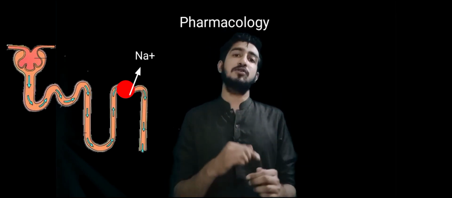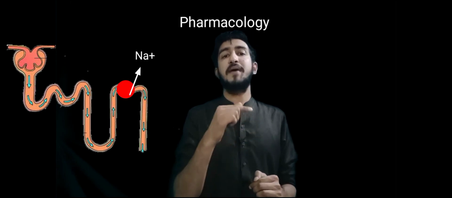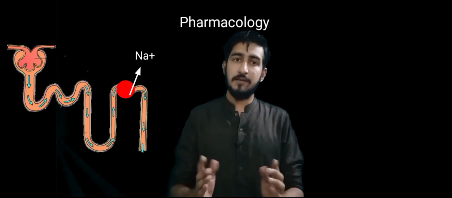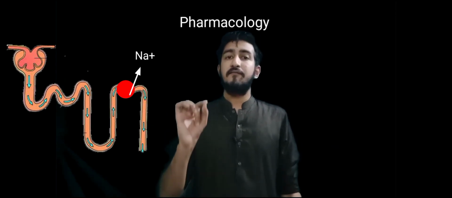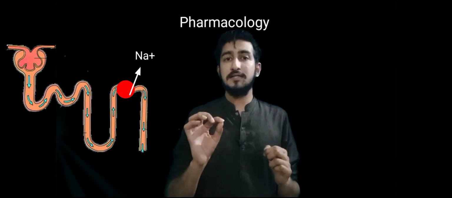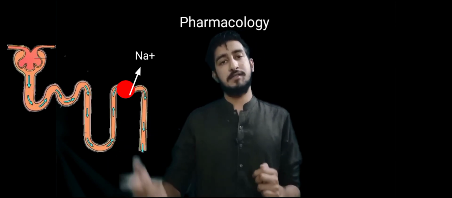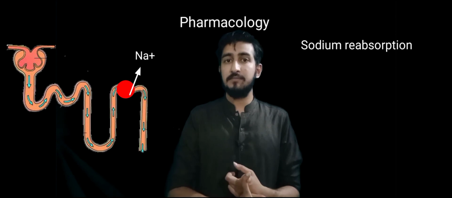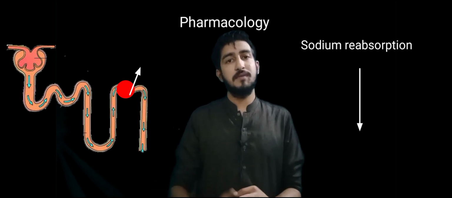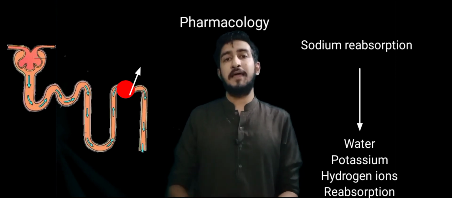So when the sodium gets back into the blood circulation, it means that sodium has been reabsorbed. Well, sodium reabsorption inside the body occurs with some other things as well. Sodium reabsorption is linked with the reabsorption of water, potassium, and other ions like hydrogen ion as well.